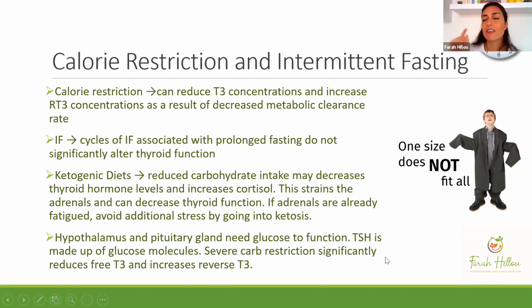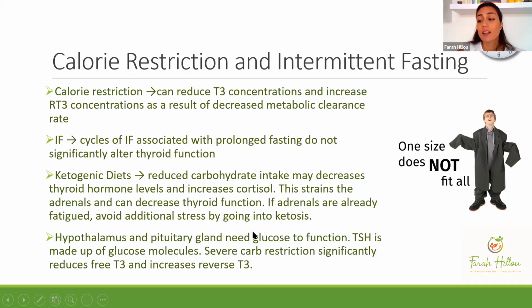Now, with ketogenic diets, if you are struggling with stress, high cortisol levels, adrenal fatigue, then it's best to address that, and then look into going on a keto diet. Okay, and to monitor your thyroid levels frequently. It's important to keep those in mind. Also, the hypothalamus and pituitary gland need glucose to function.